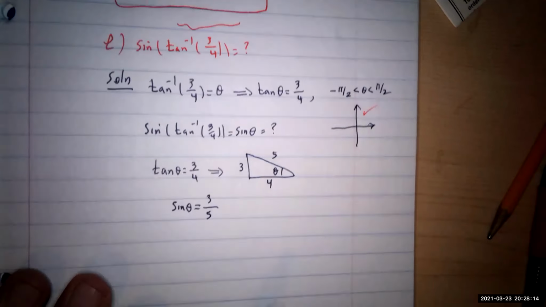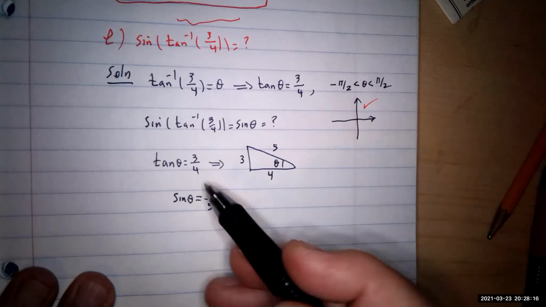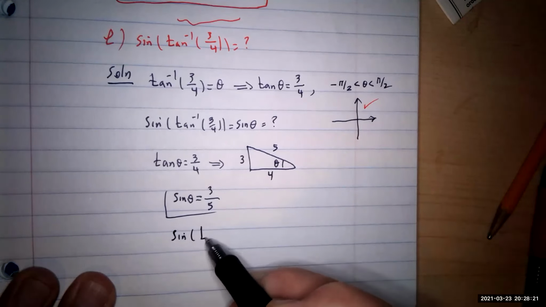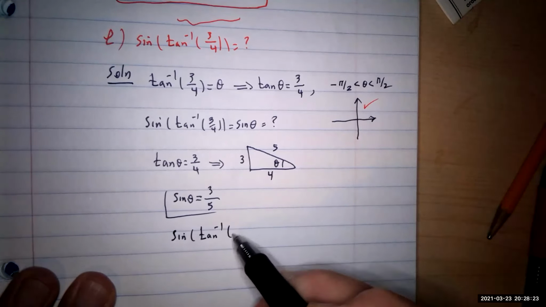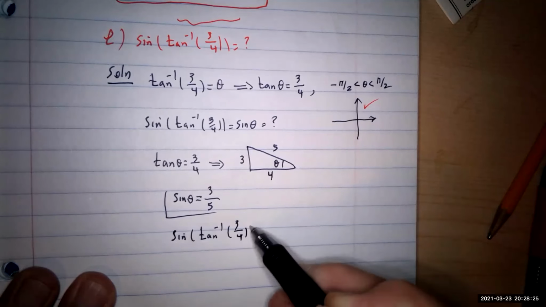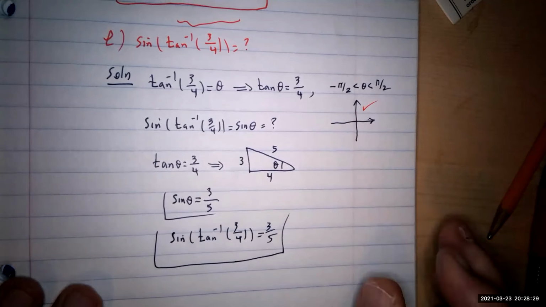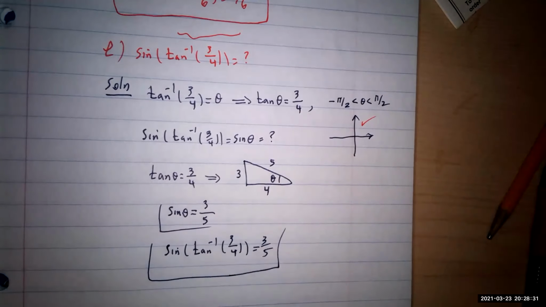That's it. So you're done. Just rewrite it. So the sine of the tangent inverse of 3/4 is going to be 3/5. And then we're done. Any question? So we have all the possibilities.